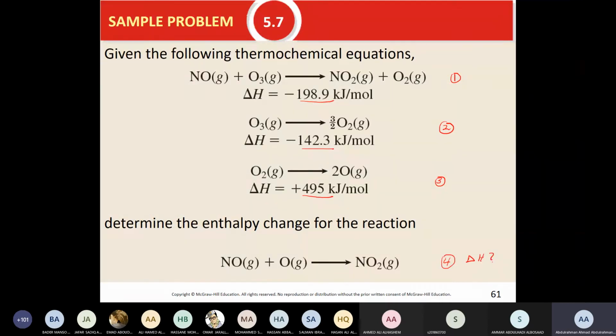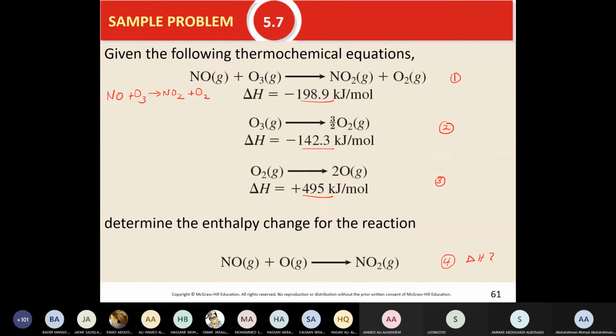For the first reaction, I will keep it as it is. So I will write NO plus O3 to give you NO2 plus O2.